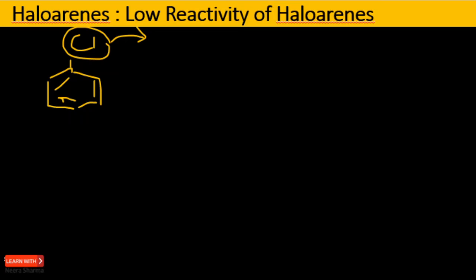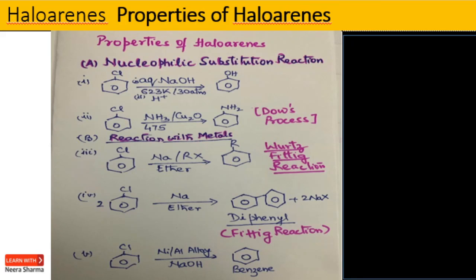So when we are taking the properties, in nucleophilic substitution reactions, in case of RX we would have just treated with aqueous NaOH. Here to remove the halogen, we have to have certain conditions. You have to remember the condition: 623 Kelvin, 300 atmosphere pressure.